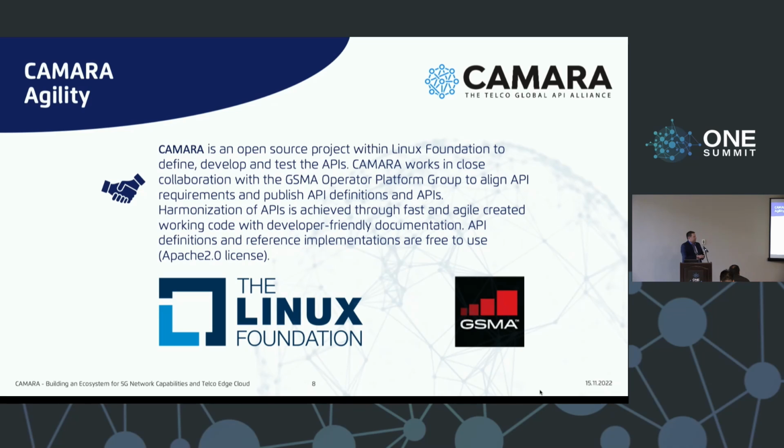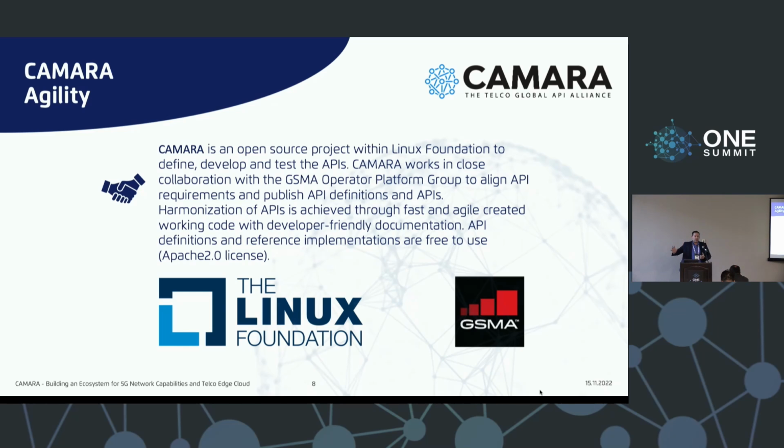Now, the other thing is agility. When we were looking at how we think about launching CAMARA, we had two very different sets of operators there. There were some operators that said, hey, this is important, we want to get out there, we want to be fast, you know, working code is better than perfect code at the end, so we want to get out there.